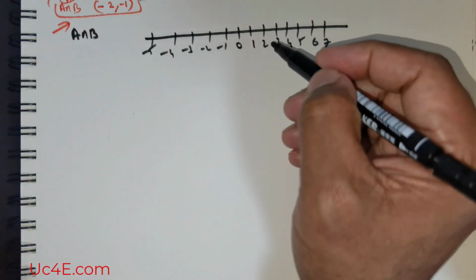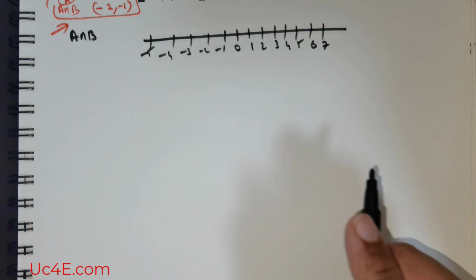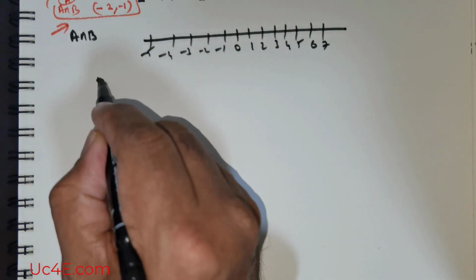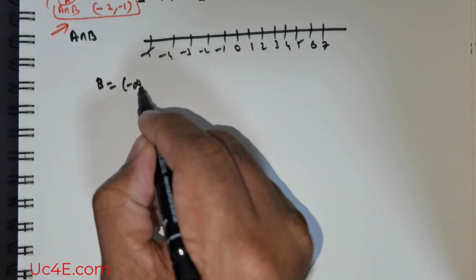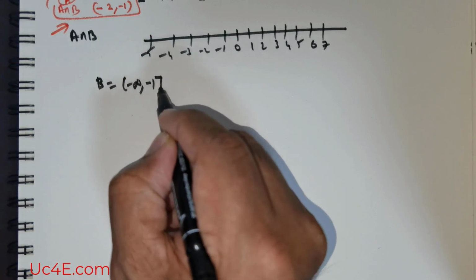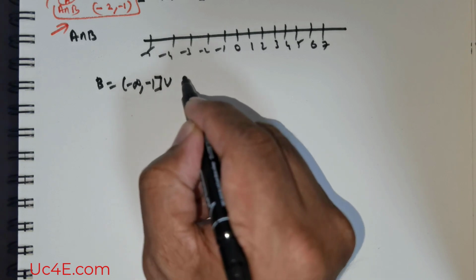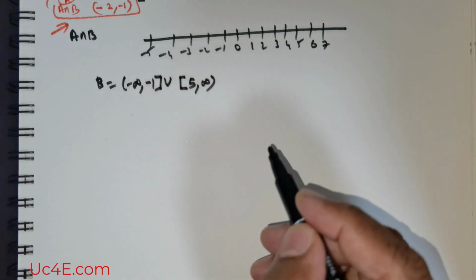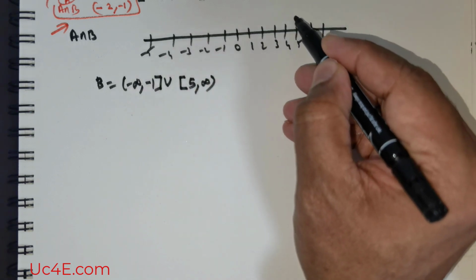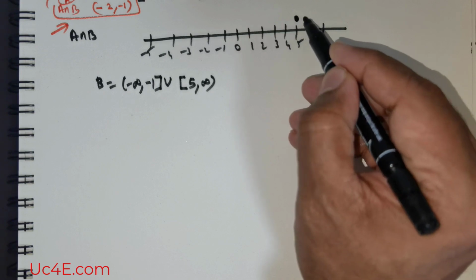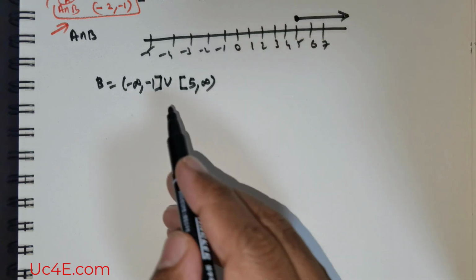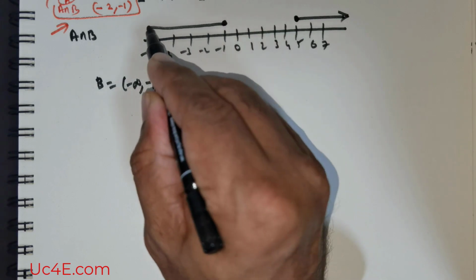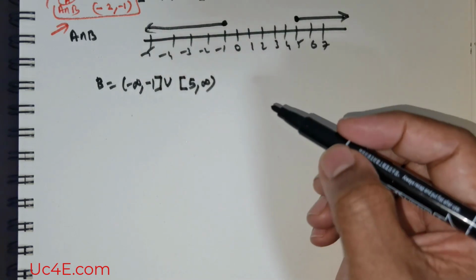Now let me plot the points for B. The set B is negative infinity to negative 1, square parenthesis, union, square parenthesis, 5 to infinity. So starting from here, shade it, move it up, and at negative 1, it's all closed.